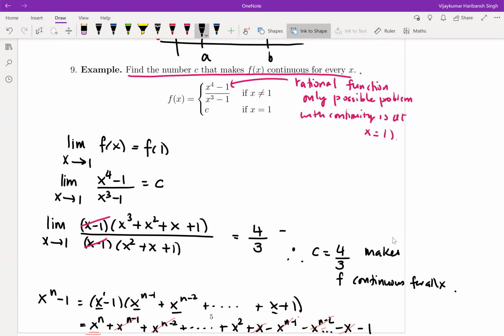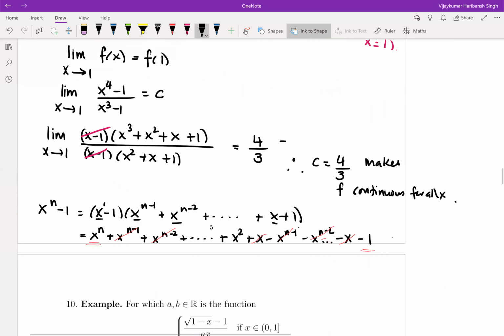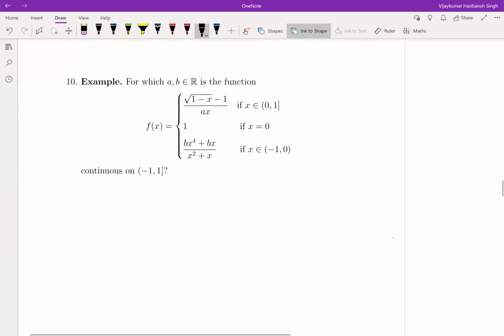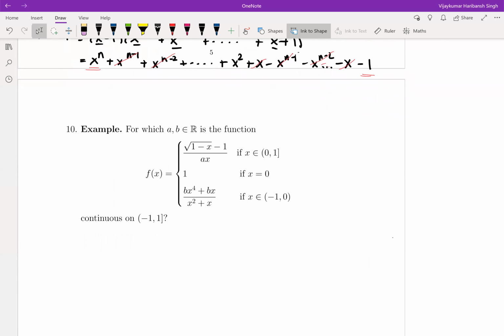Right. Okay. So let's move ahead and try to do the following problem. So now, given f of x equals to, so this is an example of, again, a piecewise function. Now the definition is as follows. So on, you have 0. At 0, the function is defined as 1, right?